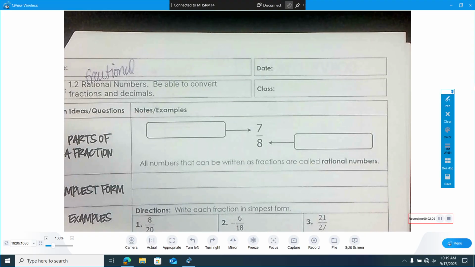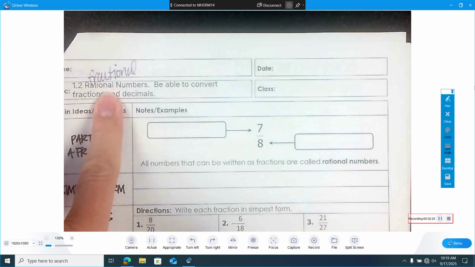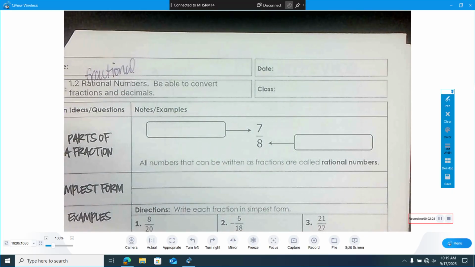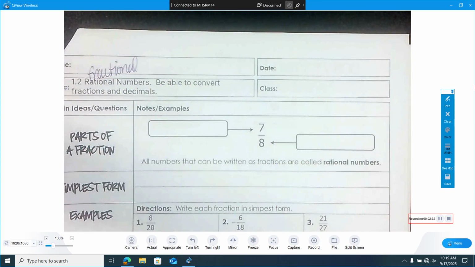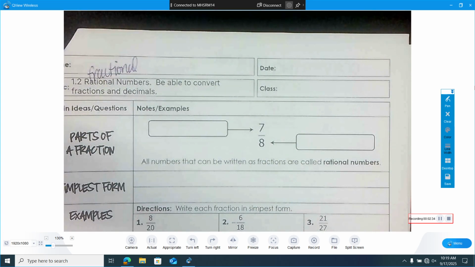So integers, we just learned, were the negative and the positive whole numbers, but those are just the nice, pretty numbers. And now we're talking about all the numbers in between. All the numbers in between are called rational numbers. Anything that can be written as a fraction. So that's why I like to say rational fractional. That helps you remember that rational numbers are things that are fractions.